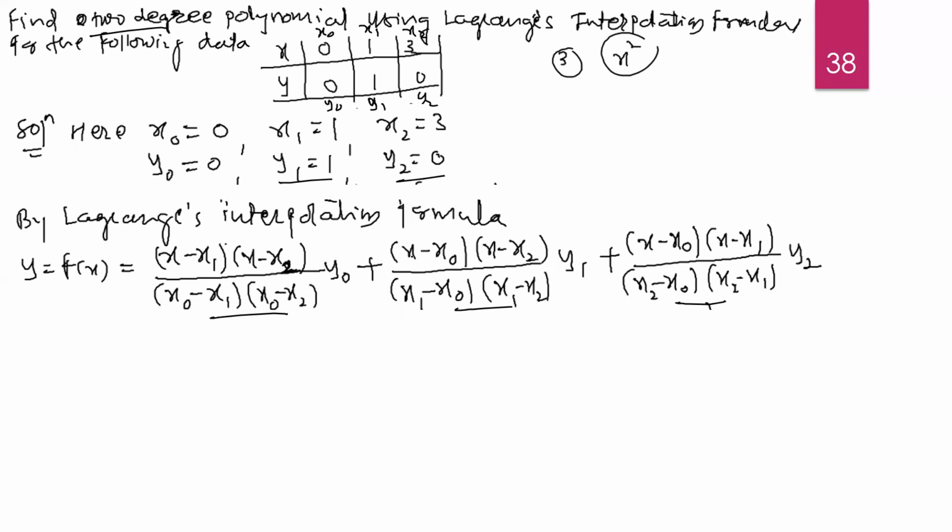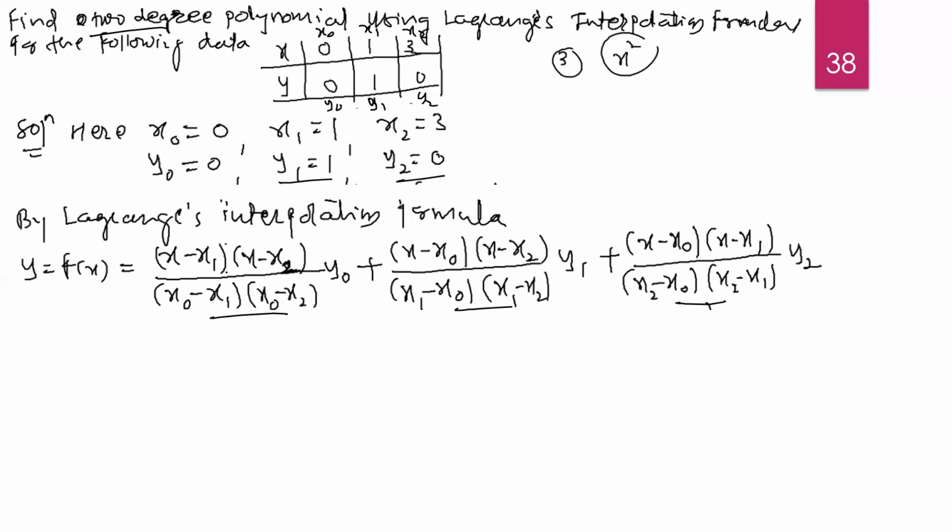Now here x1 is not in the numerator: x minus x0, x minus x2, and in the denominator write x1 instead of x: x1 minus x0, x1 minus x2, into y1. Similarly, plus x minus x0, x minus x1, since x2 is not there, and in the denominator instead of x write x2: x2 minus x0, x2 minus x1, multiplied by y2.